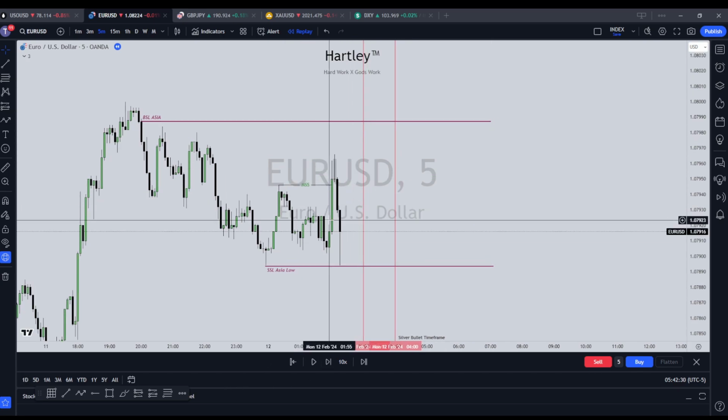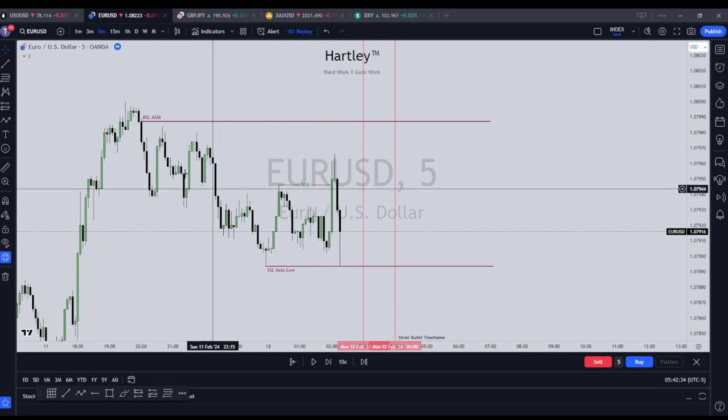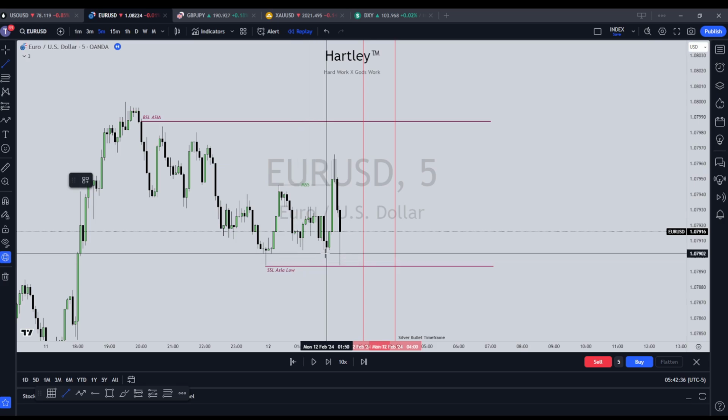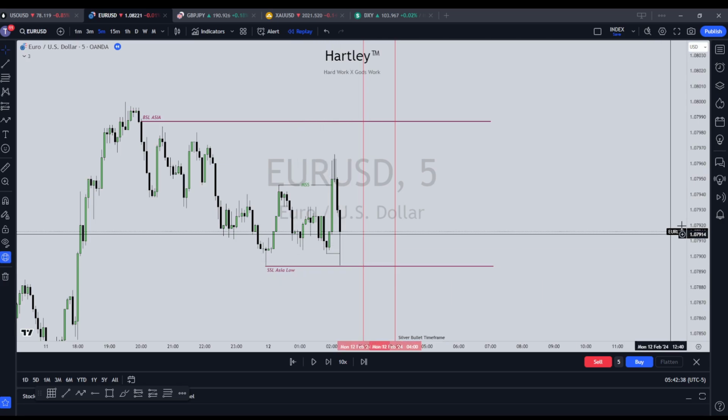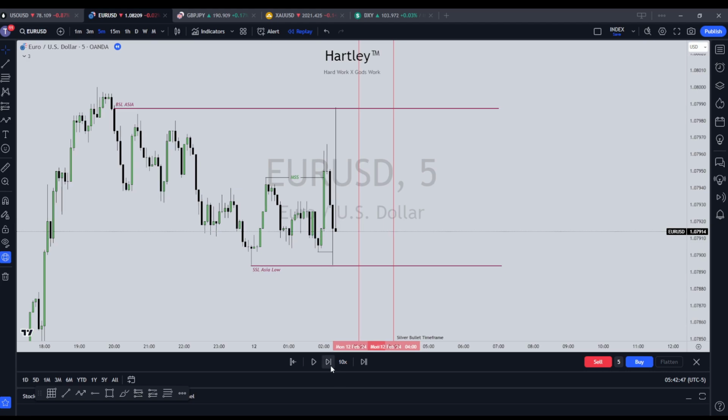And you see here, market pushes up, takes out these highs, then it decides to come down to clear these lows here. And that's the section that I want to watch. Instead of getting into a trade there, I want to wait till the highs and the lows are cleared. And now they are cleared.